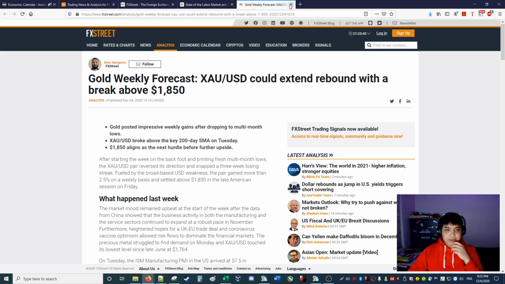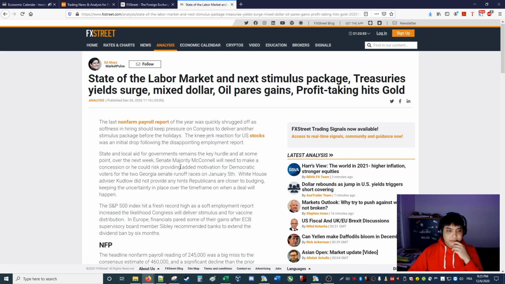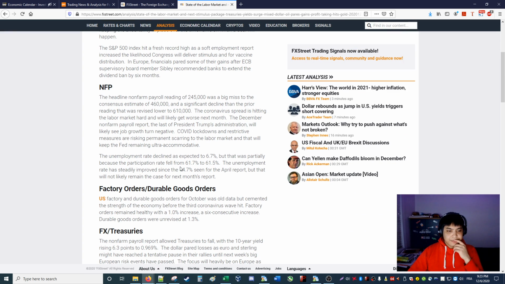So this one's not too clear. It says gold is going to break because of the coronavirus packages and vaccines and all that, but too many ups and downs.